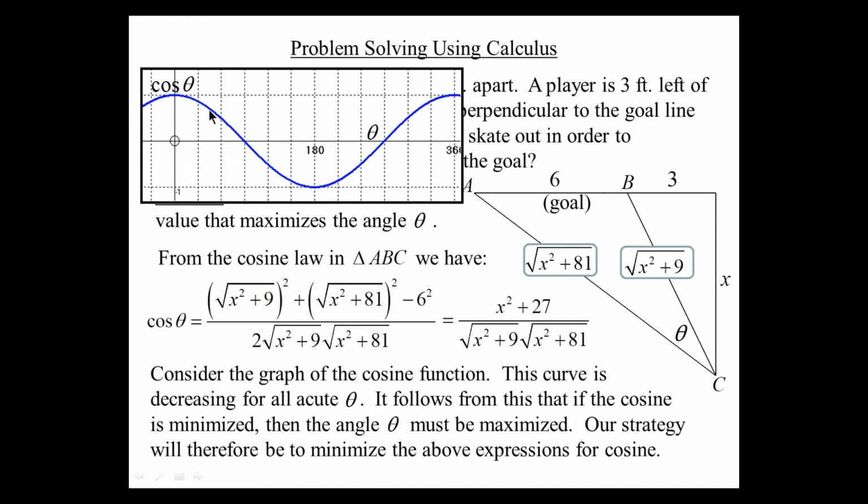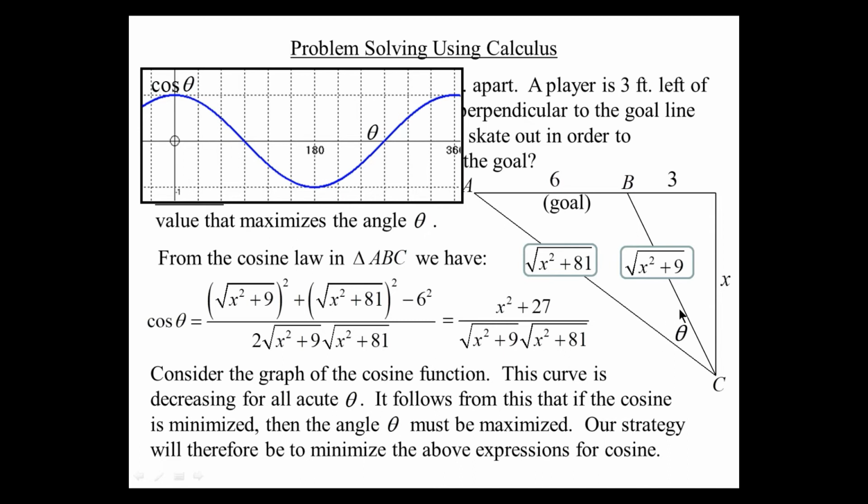Notice, the blue line is the cosine, and this is a cosine curve. Now, between 0 and 90 degrees, and theta is between 0 and 90 degrees, as theta grows large, the cos of that angle is getting smaller. So the bigger the theta, the lower that blue line is.